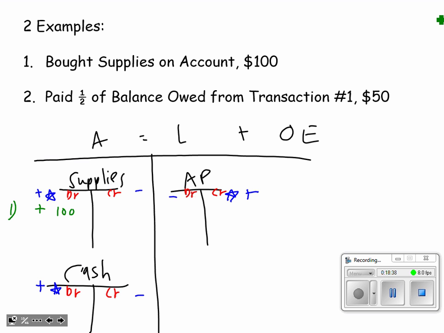How do we pay for these? On account. Okay, it's got to be 100. It's got to be a credit. And does that make sense that it's a plus? Remember last time when we could have a plus and a plus because we crossed the big T?